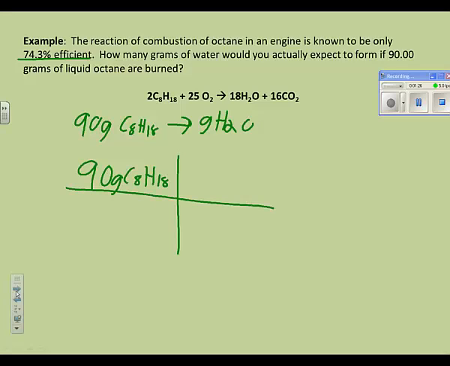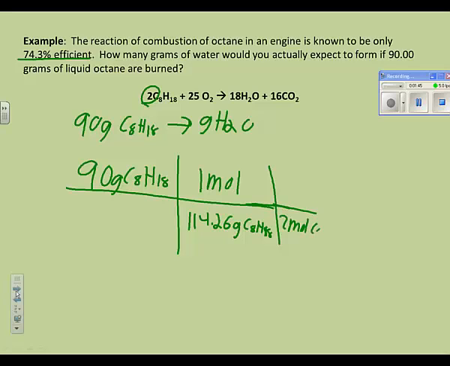We are in grams, so we're going to use molar mass as a conversion factor, which is 114.26 grams in every 1 mole. The next step is the mole ratio. We have our moles of our given, which is 2, to our moles of our destination, which is right here, 18 moles of water.